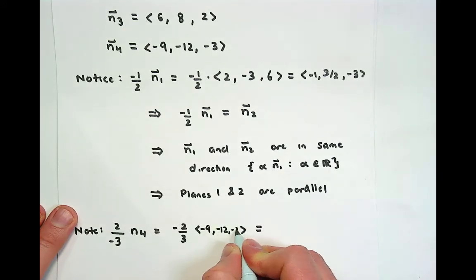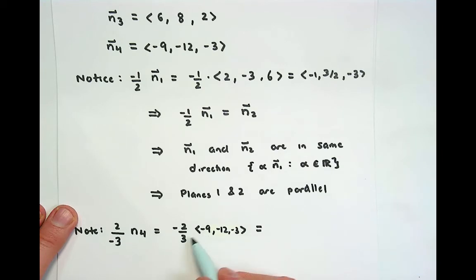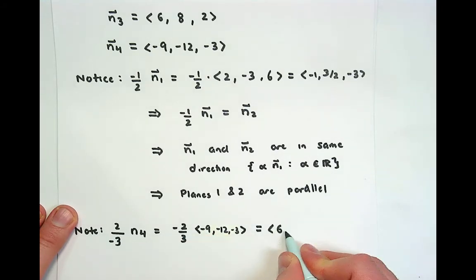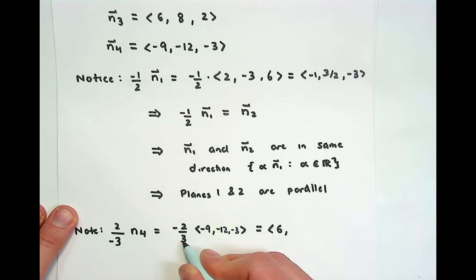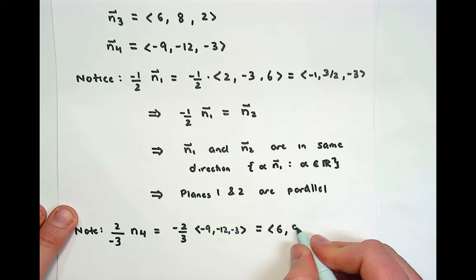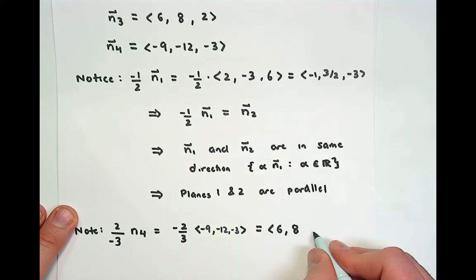-9, -12, -3. When we divide this, we would get something like -3 times -2 is 6. -12 divided by 3 is -4 times -2 is 8. And then the same thing here, we would have something like +2.